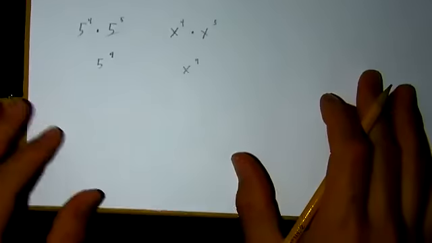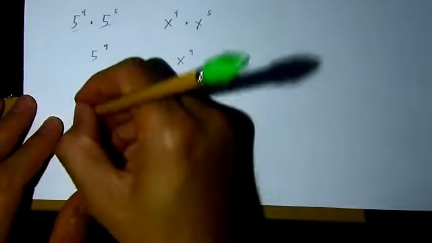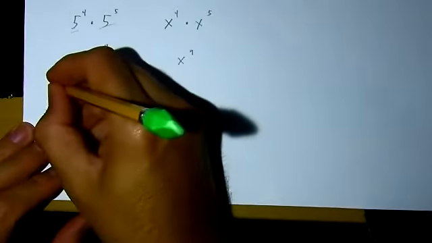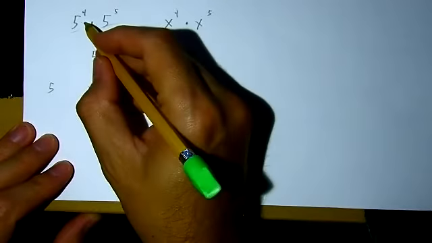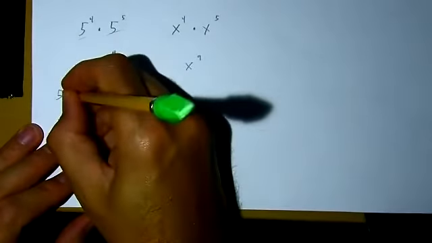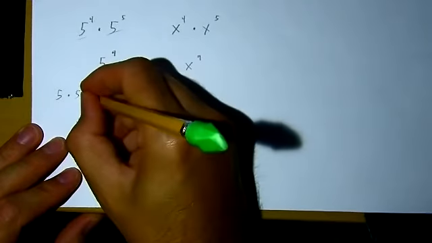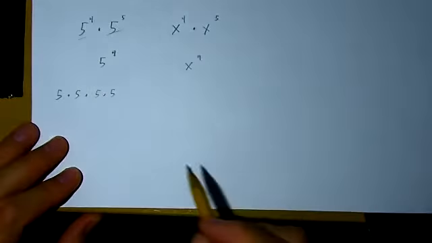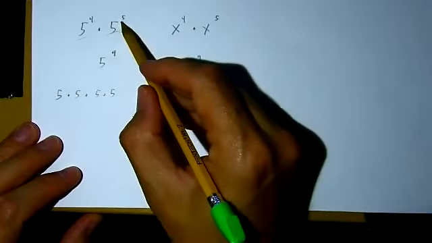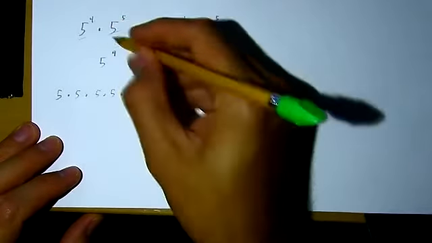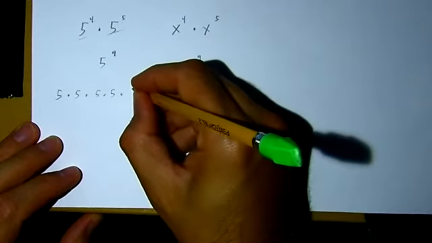Now here's what's actually going on. So this right here is 5 to the 4th, which means you're multiplying 5 4 times. This means you're multiplying 5 5 times, but you're also multiplying these two, so that's your multiplication for the problem.